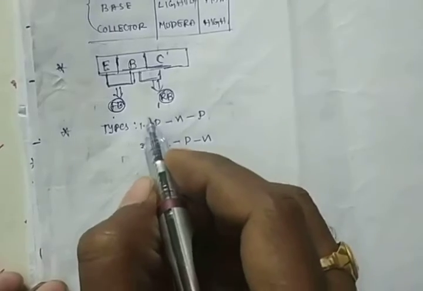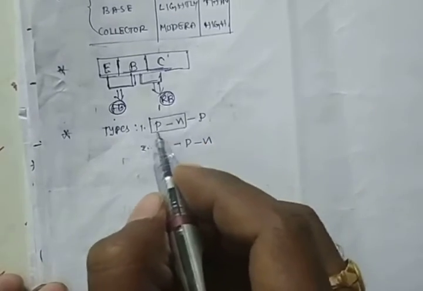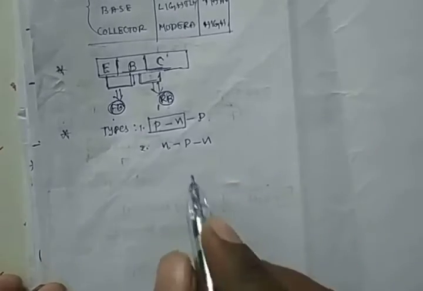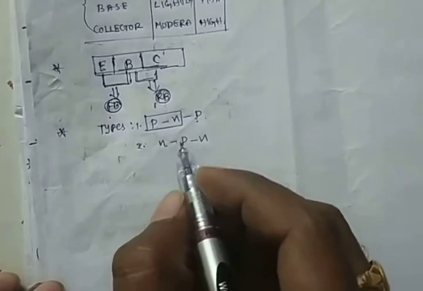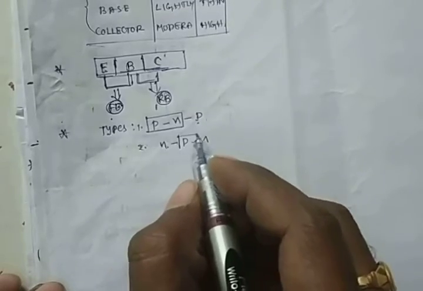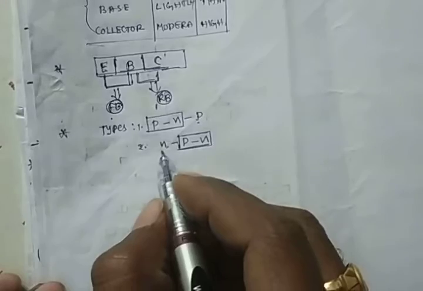Okay. In a PNP transistor, to a PN junction diode, a P-type semiconductor is added on the right side. Okay. In an NPN transistor, to the PN junction diode, an N-type semiconductor is added on the left side.